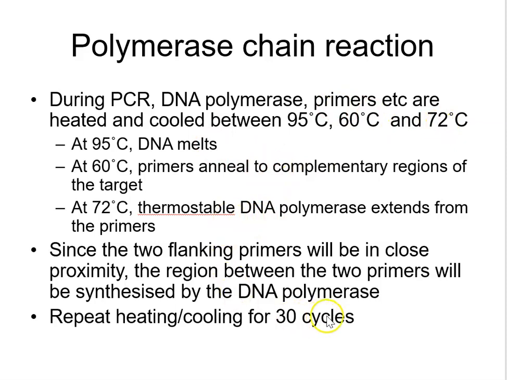We repeat this cycle 30 times, and we end up with millions of copies of that DNA which can be used for any sort of mutation detection strategy, which I'll not go into the details of here. But this is the basics of what we call molecular genetic testing, different to cytogenetic testing because we are looking at the individual base pair level of the DNA as opposed to huge chromosomes made up of hundreds of millions of base pairs.